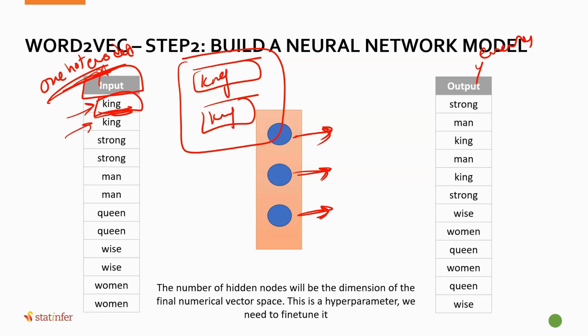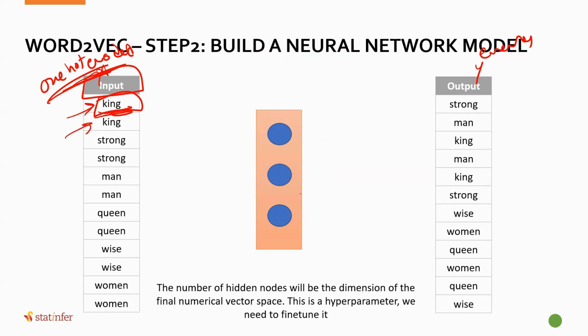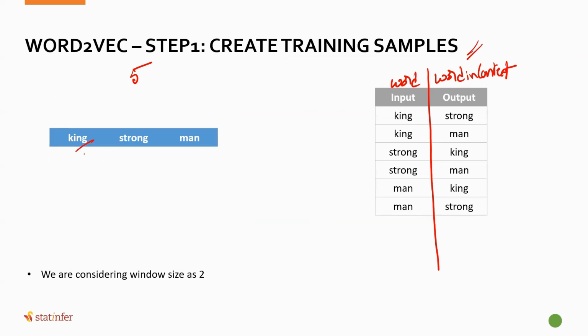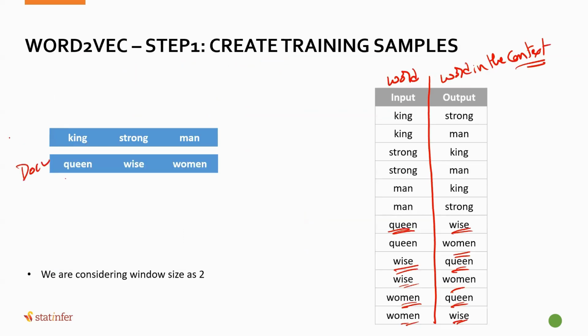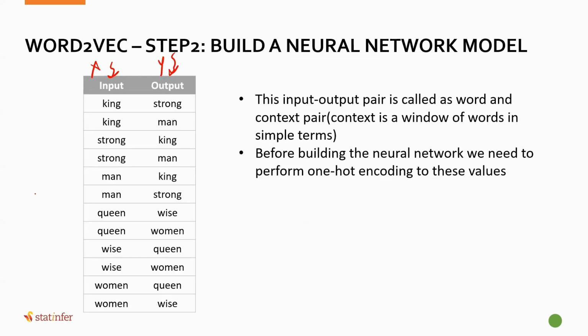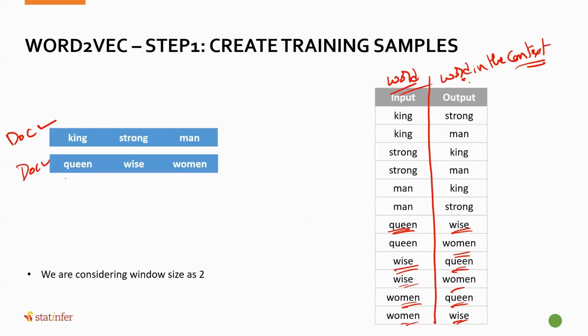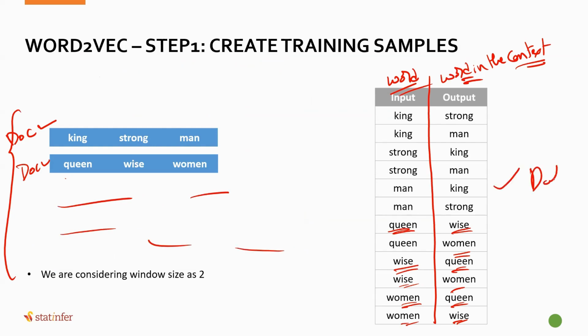Basically you have 2 steps. In step 1, you convert the words into input-output format: this is doc 1, this is doc 2, and then doc 3. Like that, your input and output contain all the documents that you have. This is the final data that you have. Okay, sir.